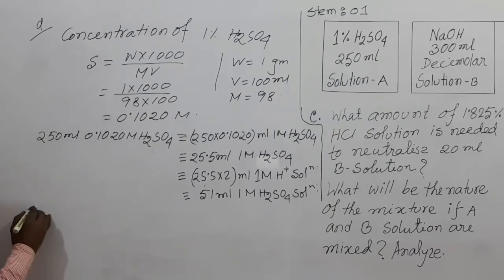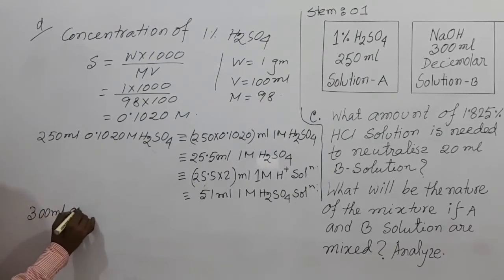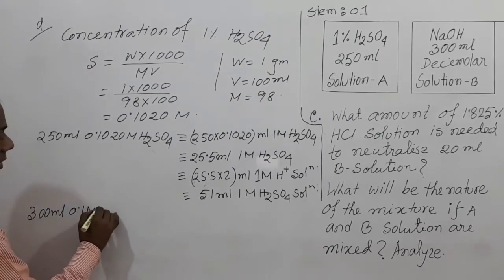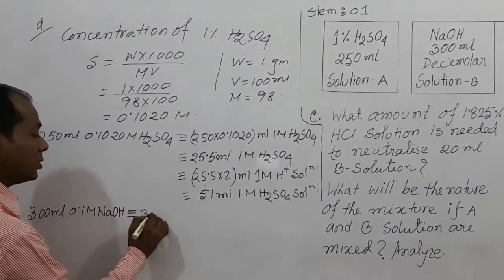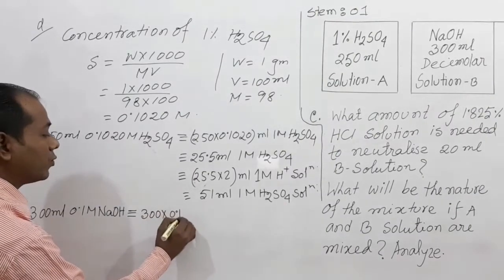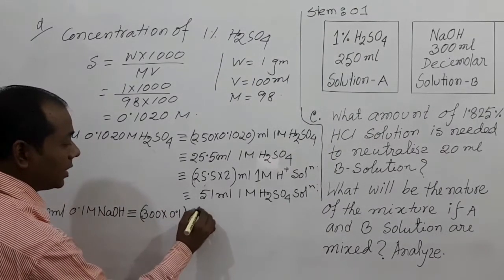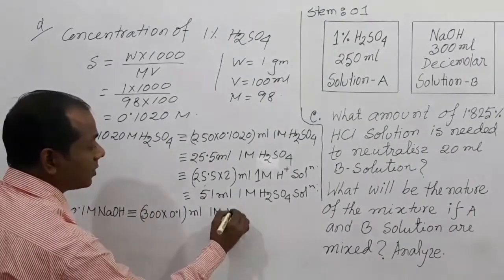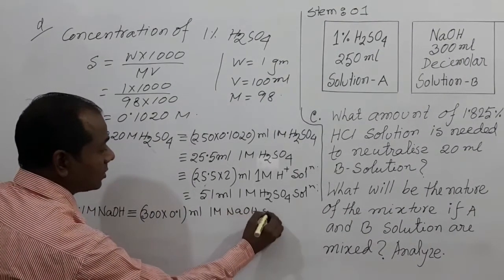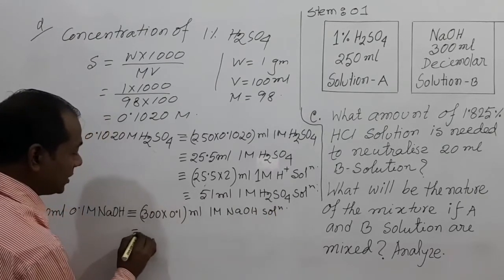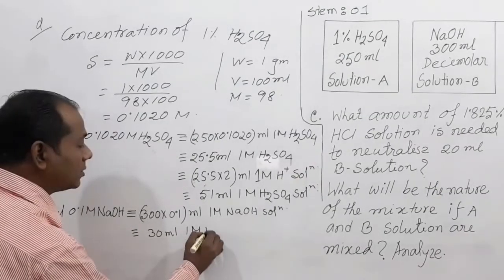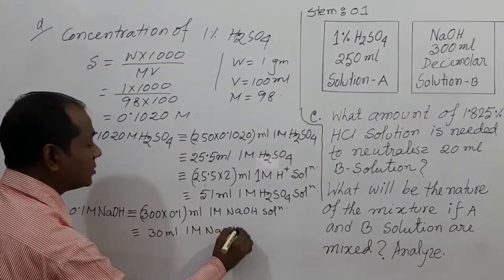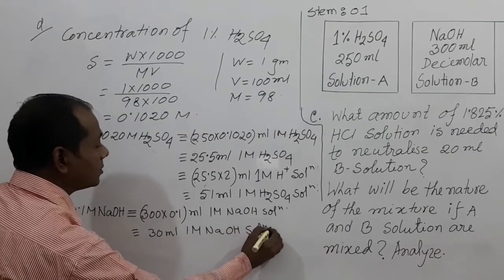Now 300 ml of 0.1 molar sodium hydroxide solution is equivalent to 300 into 0.1 ml of 1 molar NaOH solution, and we get here 30 ml of 1 molar sodium hydroxide solution.